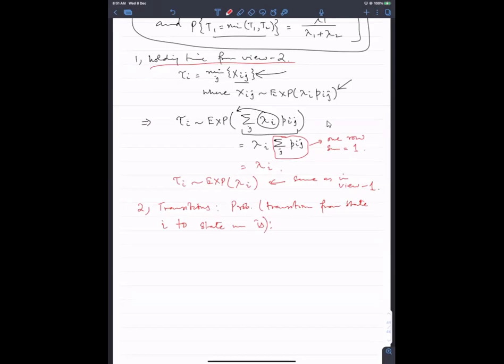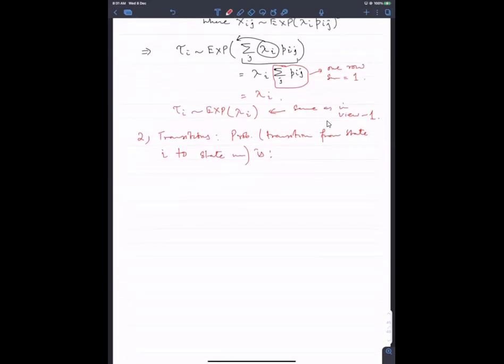The probability that you transition from state I to state M, how will we find that? We are looking at the probability that X_M is the minimum over all j of X_ij. A particular M is your minimum.